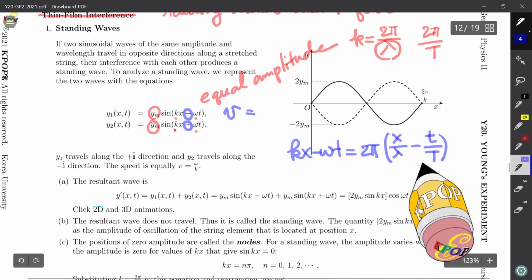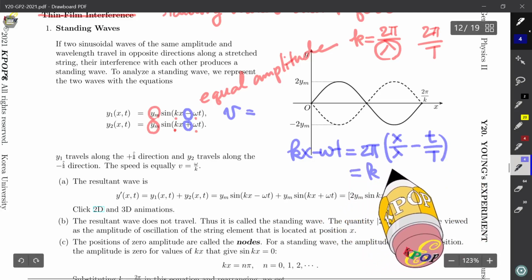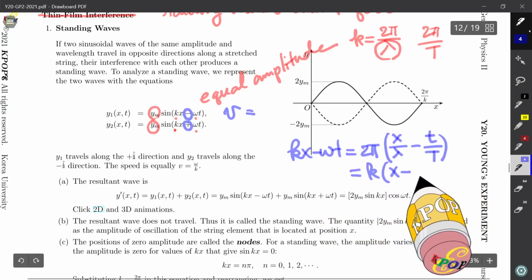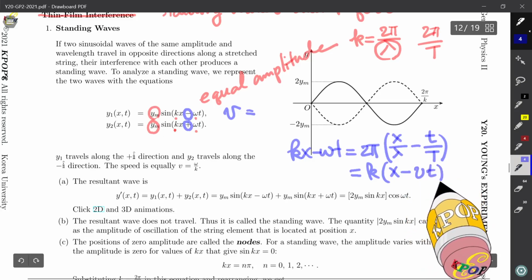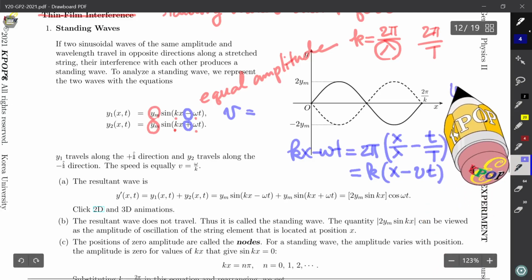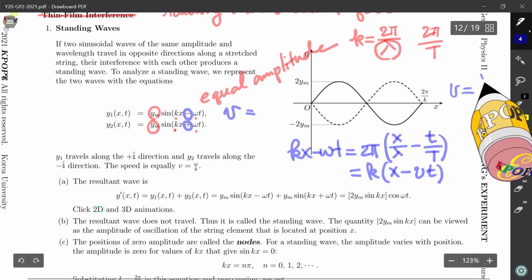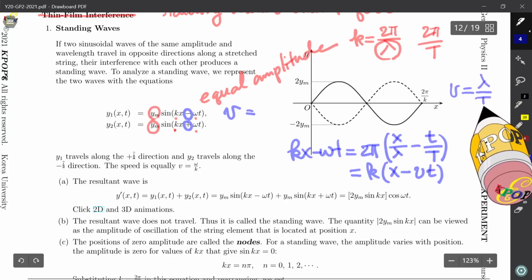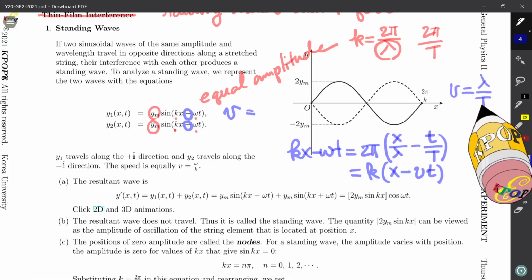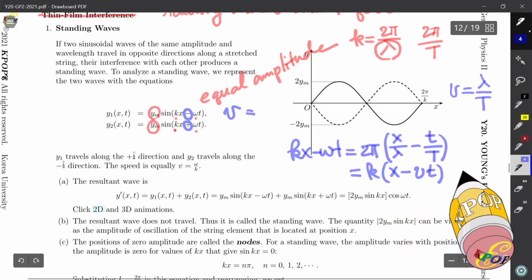Again, we factor k out, then what we have is x minus vt, where the speed v is wavelength over period. In this case, translation is made to the right.